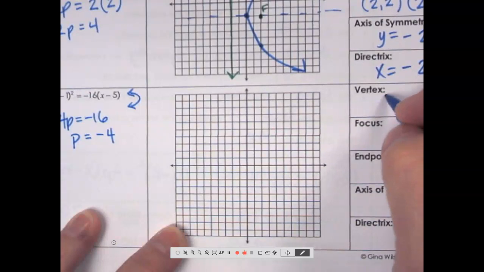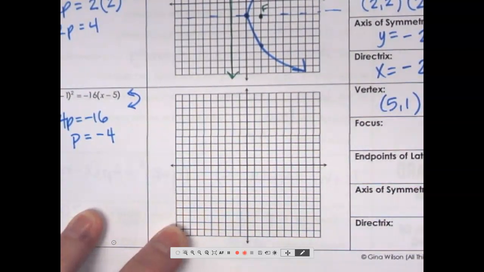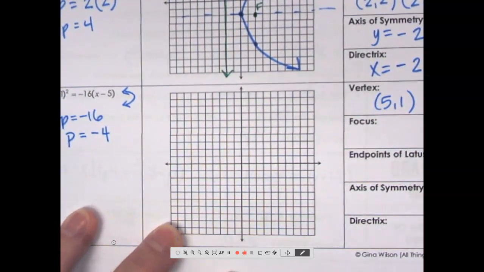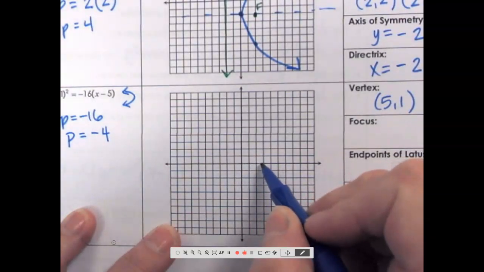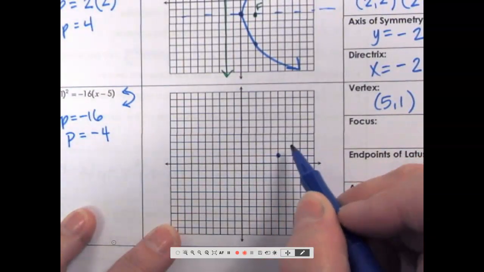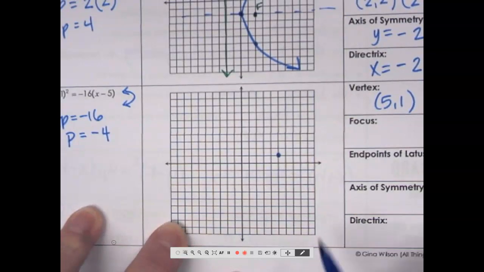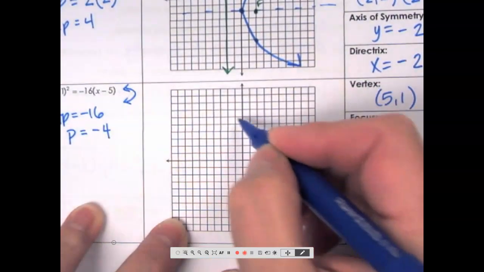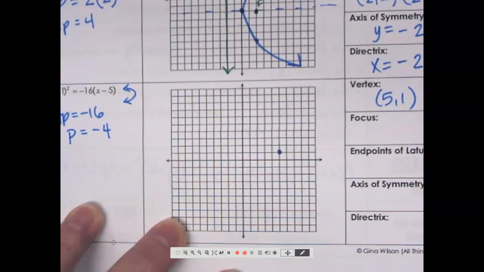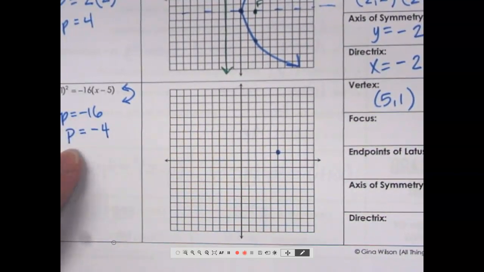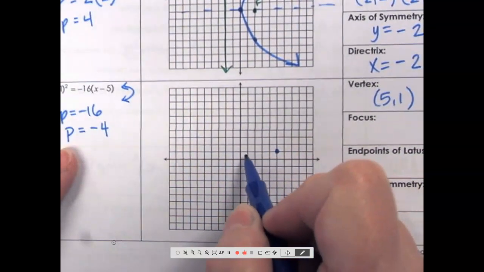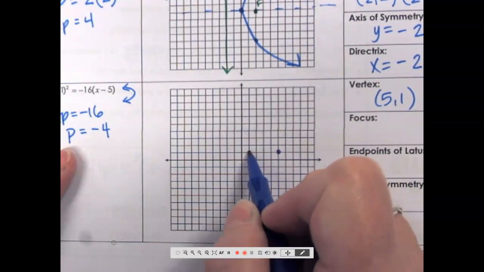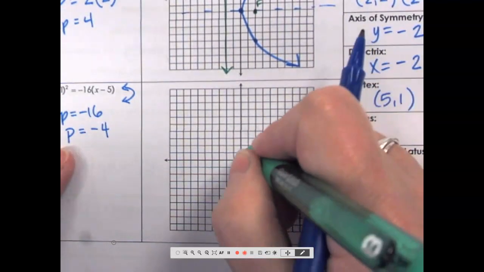5, 1. Let's plot it. 1, 2, 3, 4, 5, 1. Remember, it's going to open left, so everything's going to be going this way eventually. All right, that p-value of 4, I'm going to go this way 4. 1, 2, 3, 4. That is my focus right there.